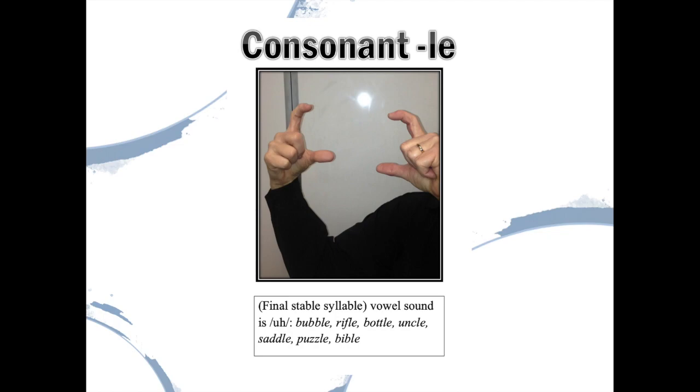You would think that we would have B-U-L, but in this case we have B-L-E. So that spelling is based off of it being the final stable syllable, consonant LE. Another example, rifle, bottle, uncle, saddle, puzzle, and Bible. This is often one of the last syllable types that you teach because it's a little bit complex.